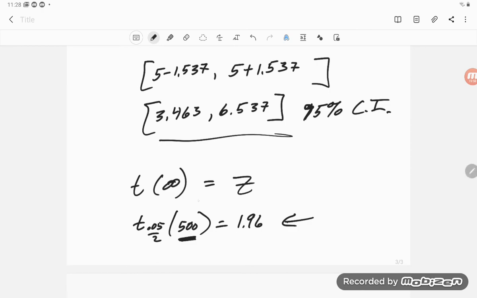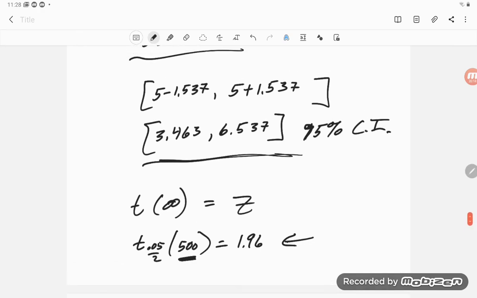Okay, so even if you had 1,000, you could still use a t-distribution. Does not matter.